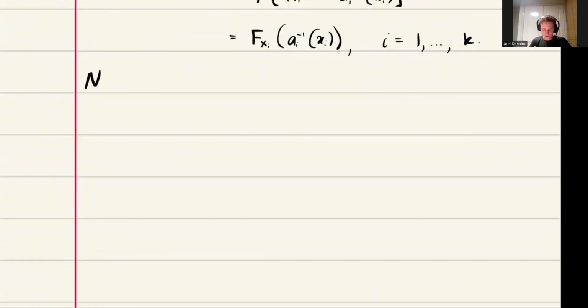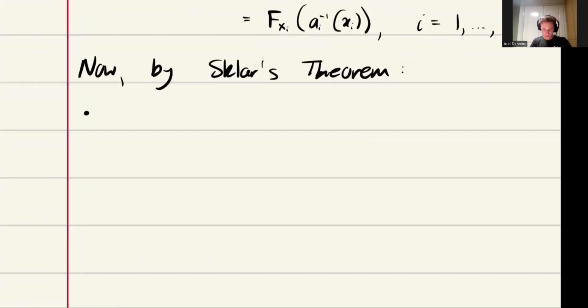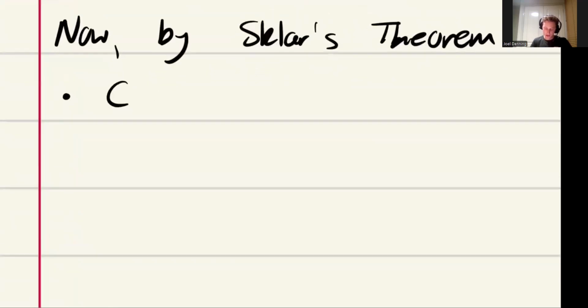So now what we're going to do is say, by Sklar's theorem, we're going to define our copula for our transformed random variables, so x star tilde.